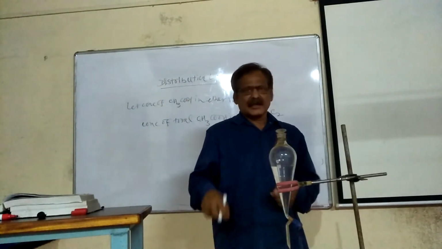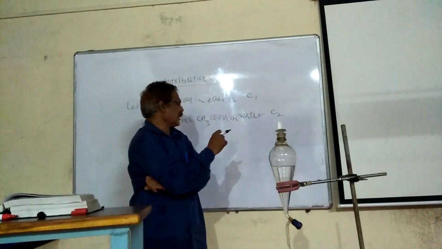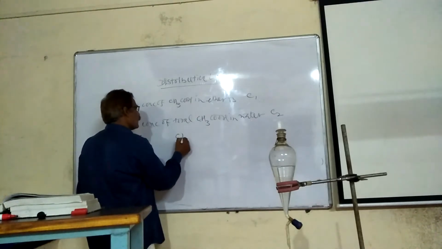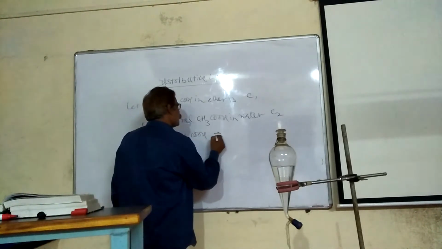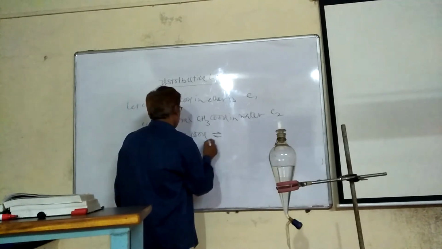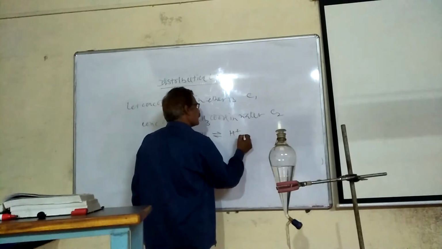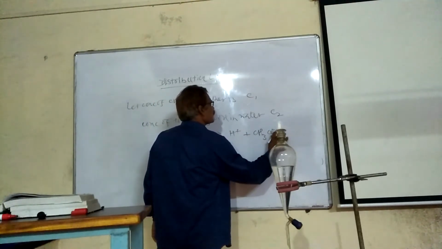Let us suppose the degree of dissociation of acetic acid in water is alpha. So we can very easily get the concentration of acetic acid at equilibrium in this particular case.